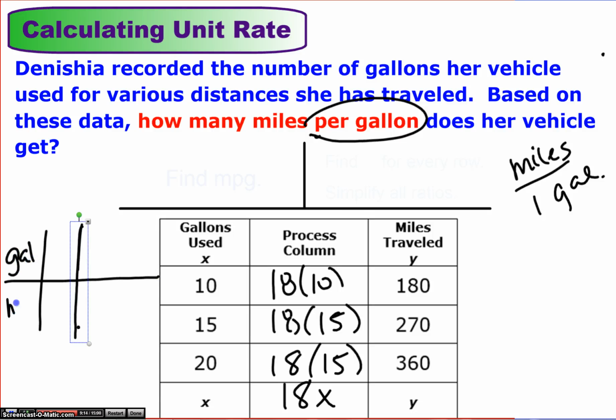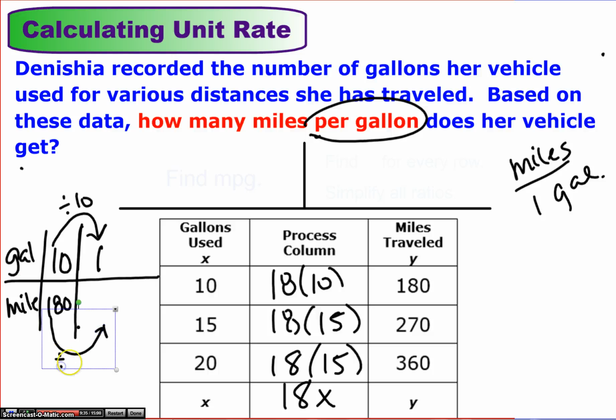You have your miles here. And we have 10 and we have 180. And we're looking for how many miles for 1 gallon. So how did you get from 10 to 1? Well, you divided by 10. So 180 divided by 10 is 18. So your unit rate would have been 18 miles per 1 gallon.